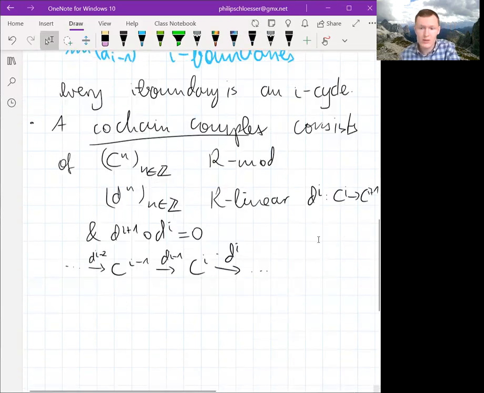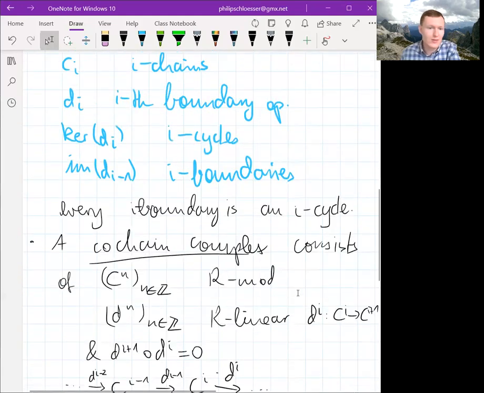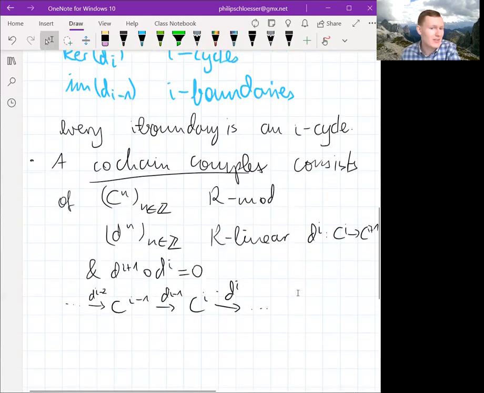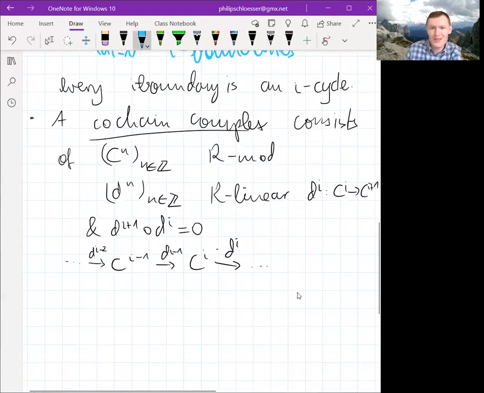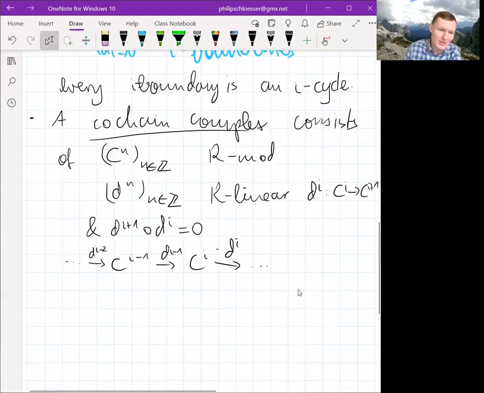And so on. And well, when it comes to nomenclature, I don't know, people are not very creative. So what do we have? The elements of C^i are called i-cochains.